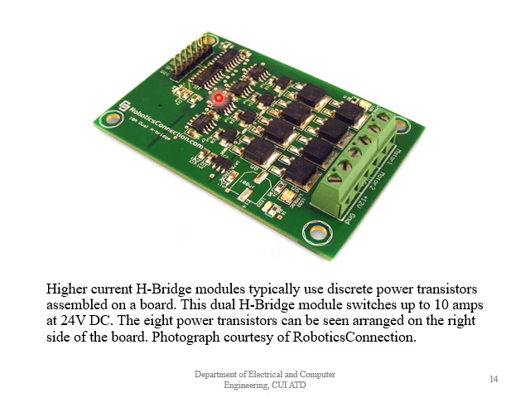So this is how your dual H-bridge looks like, and the picture is provided by Robotics Connection. As you can see here, Robotics Connection, 10 amps dual H-bridge. Okay, and here you can see motor 1, motor 2, and these are 12 volts and ground.